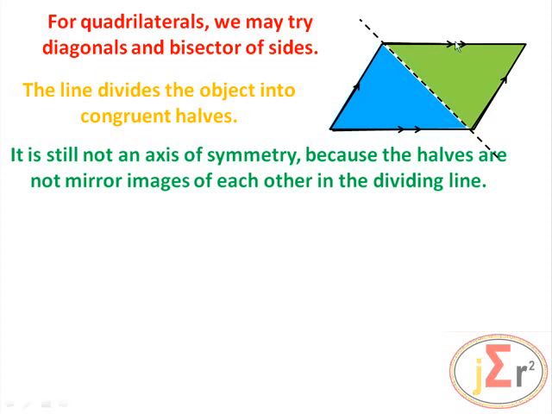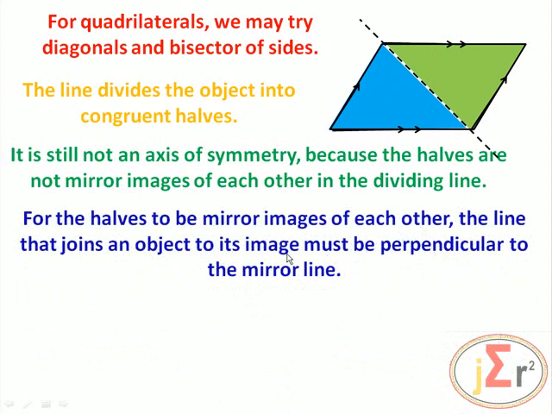If we flip this over in this line over to this side, it will not fit onto this one exactly. Because it will not fit onto this one exactly, then we know that this is not a mirror image of this one in the mirror line, or in the line that we have there.